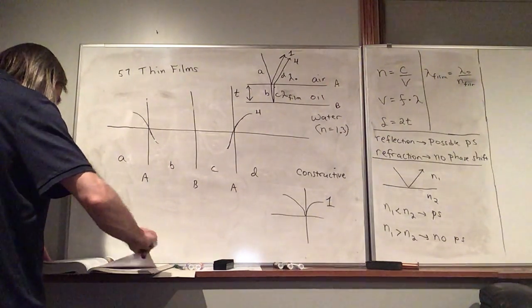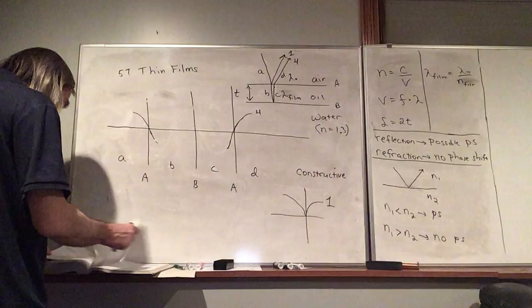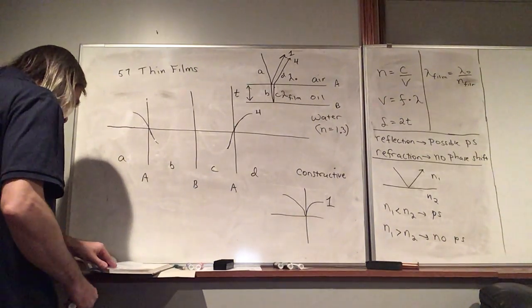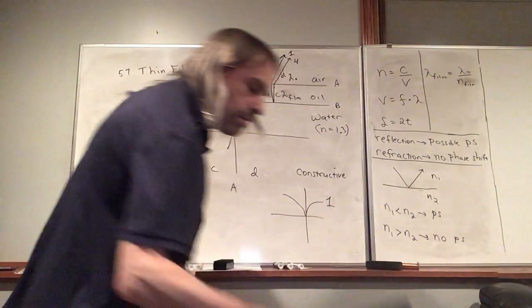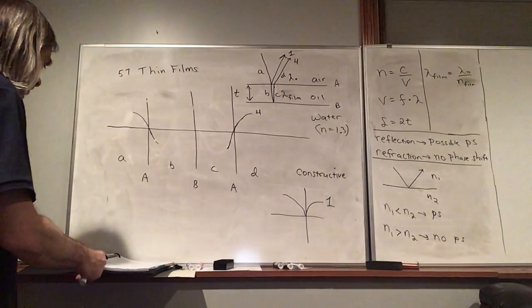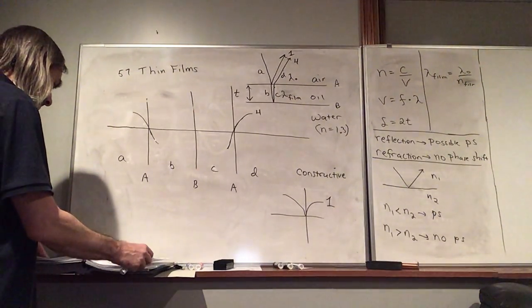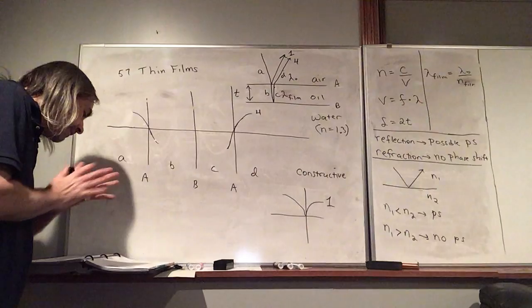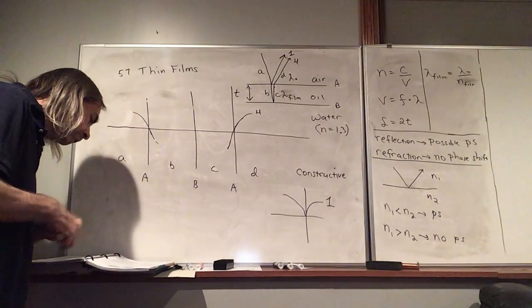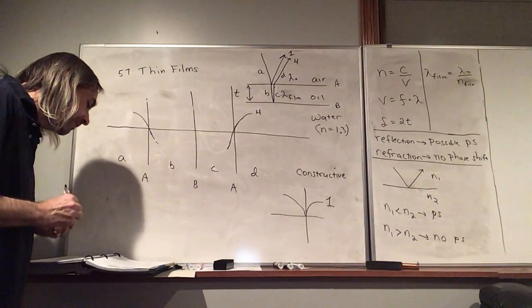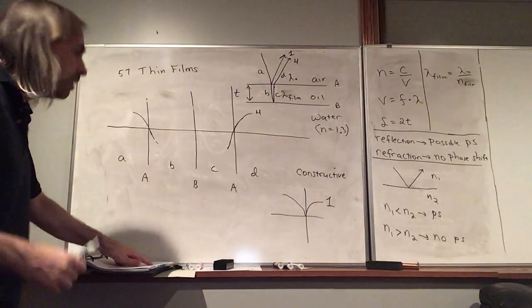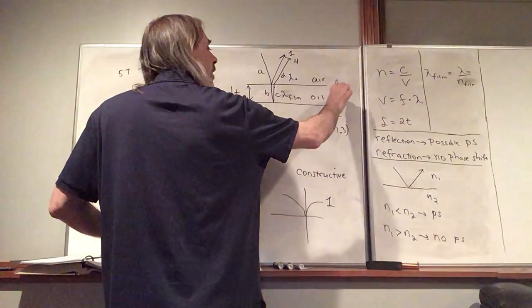I'm sorry, I don't know where this table is. If I can find the notes, that might be easier. Okay, sorry about that, but well, benzene, I think that's basically oil. So let's say n equals 1.5.